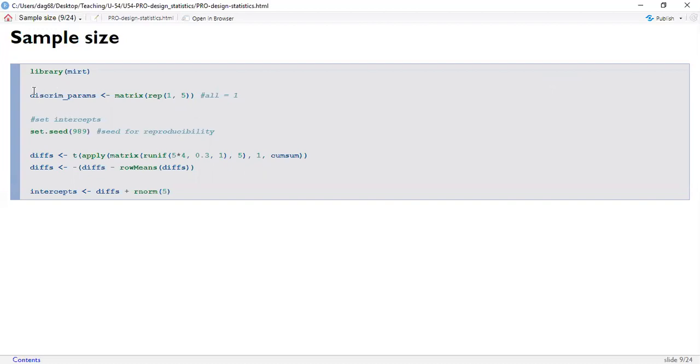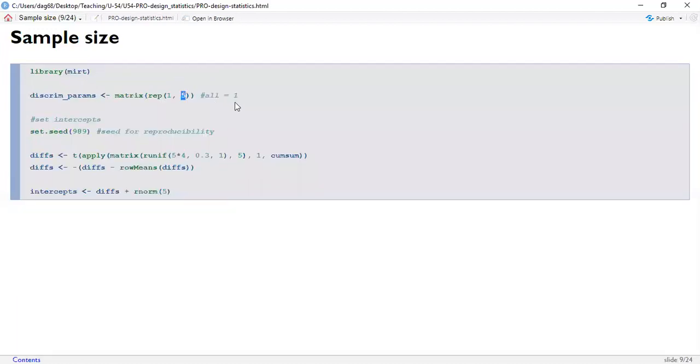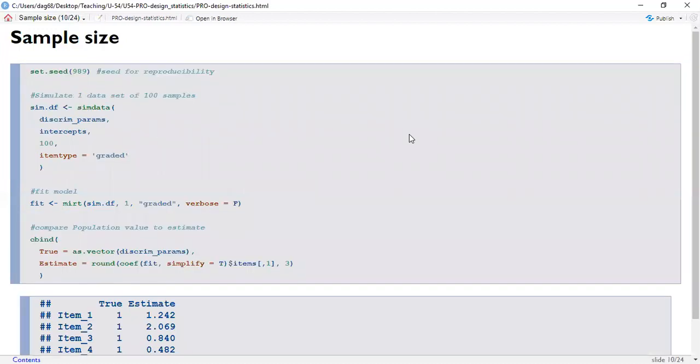So I'm going to create an object here in R called discrim params, which is my discrimination parameters for 5 variables. They're all going to be set equal to 1. So the population discrimination parameters for all 5 variables is 1. And down here, I've just created some intercepts, which we're not going to worry about for now.